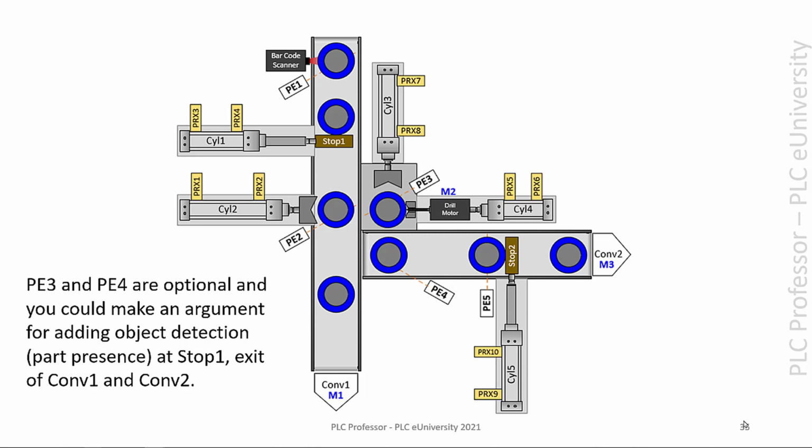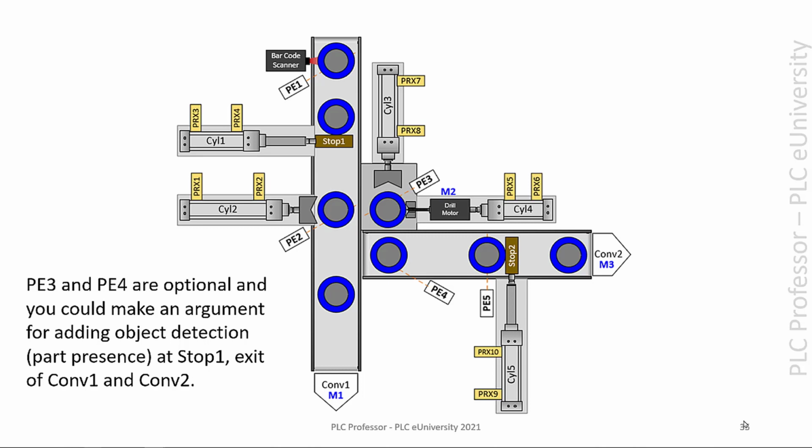Notice also that in the diagram in your book, the illustration, and here, I show PE3 and PE4 as optional. And as well as PE3 and 4, you can make an argument for adding more sensors at stop 1, the exit of conveyor 1, and the exit of conveyor 2.